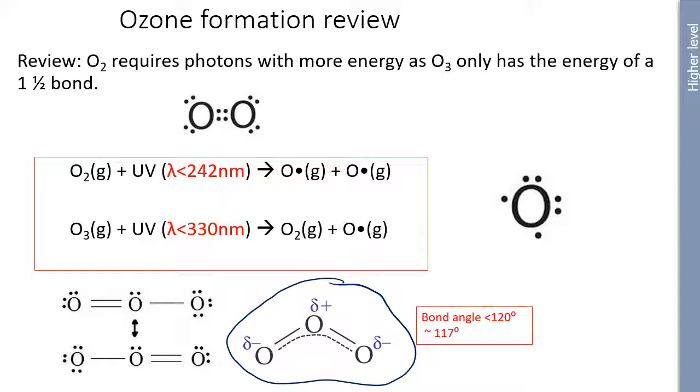And ozone with UV radiation of wavelengths less than 330 nanometers then interacts to form oxygen plus, again, free radicals. Okay, and we don't really want that to be happening. So the idea is that the ozone interacts with the UV radiation from the sun in the atmosphere and forms oxygen and free radicals.